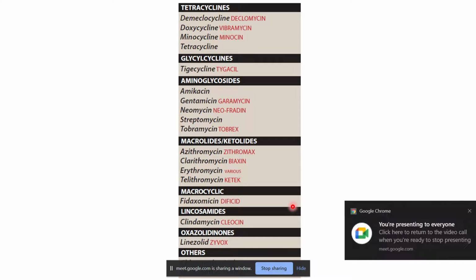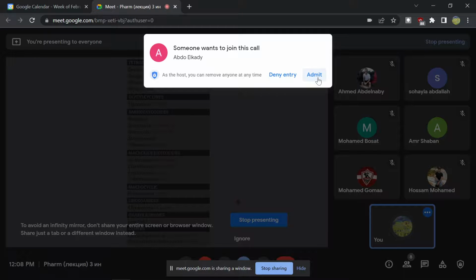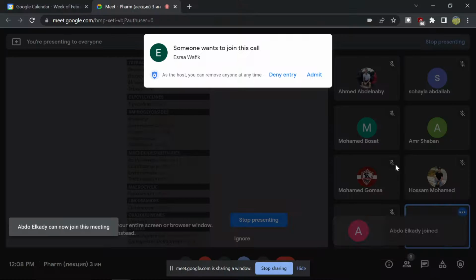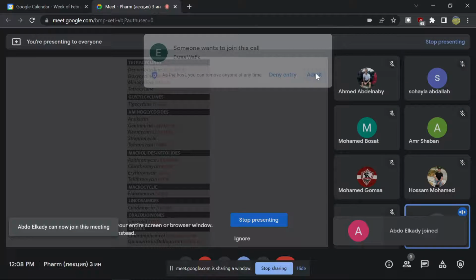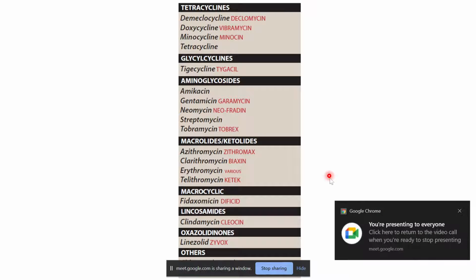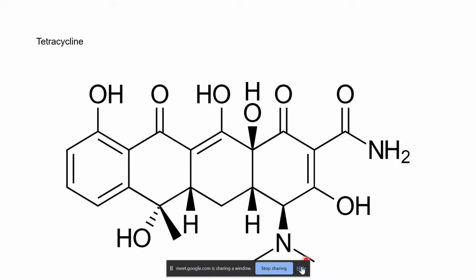Different groups of these drugs are connected with different ribosome subunits. The tetracyclines are named because of their chemical structure.